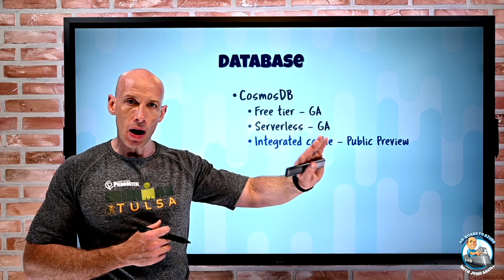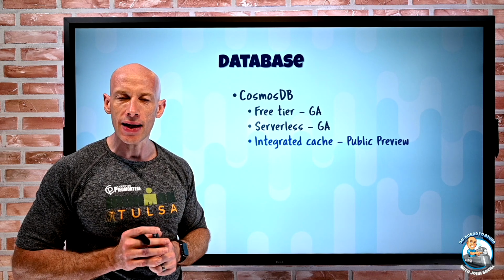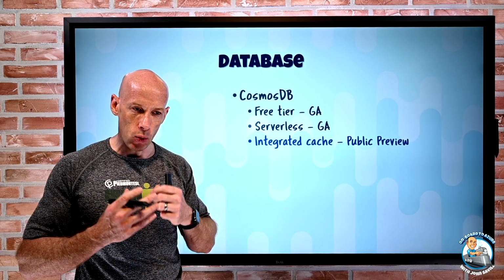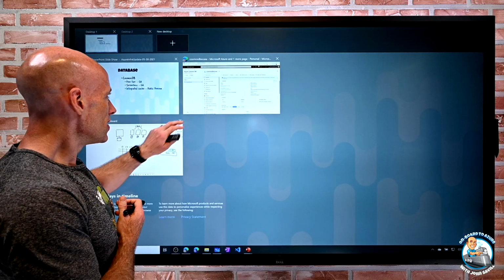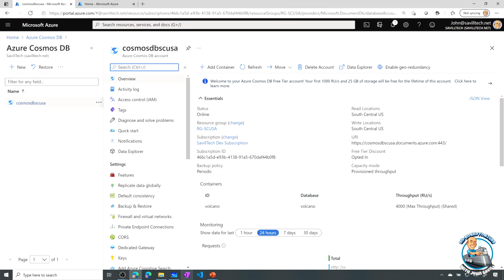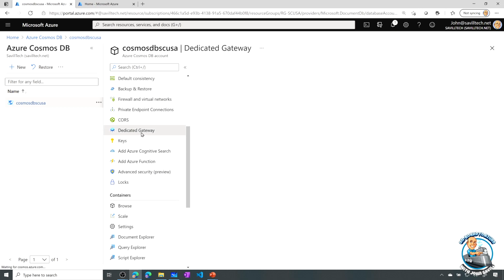So it's going to save me RUs, those precious request units on the back end, but obviously I'm going to pay for that dedicated gateway. But if I have very heavy read workloads, this might be a great feature to have. And it's super easy to do. If we look at that same CosmosDB database, if I scroll down, there's dedicated gateway.